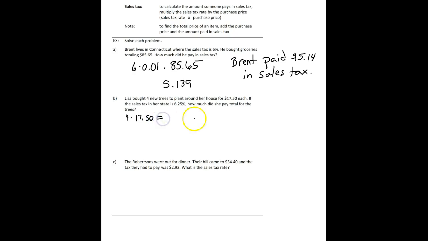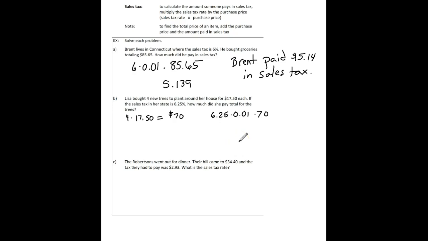So how much did she pay altogether for the trees? Well, she paid a total of $70. Okay. So now we're going to take our sales tax amount, which is 6.25%. So we take 6.25 times our percent, which is 0.01, and we're going to multiply that times our $70.